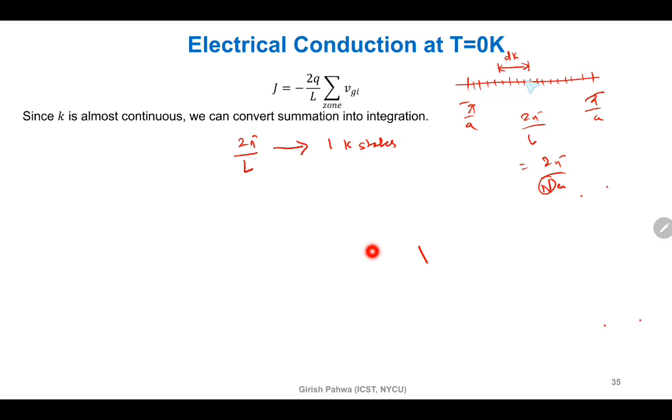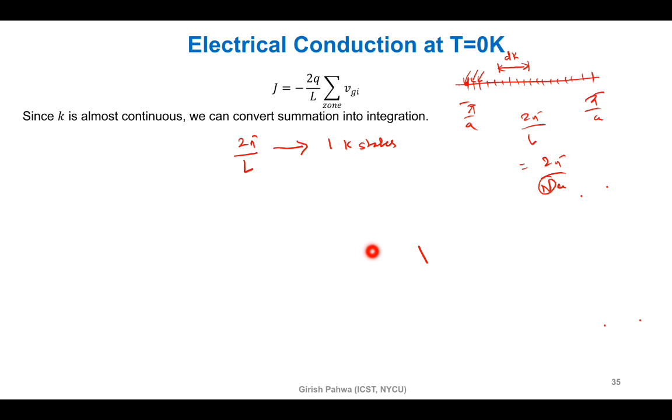So these are n points here, and the difference between the two k values is 2 pi by L. So I can associate one particular cell to one point. So this is associated to this, is associated to this. So you can say one cell width is associated with one point.